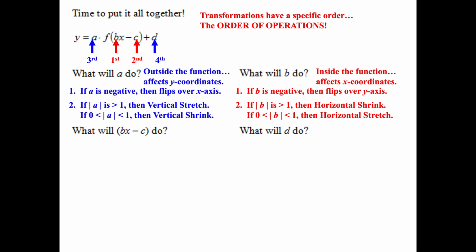So if a is negative, it flips over the x-axis instead of the y-axis. If the absolute value of a is greater than 1, it's a vertical stretch, completely opposite to horizontal shrink. If the absolute value of a is between 0 and 1, it's a vertical shrink, completely opposite of horizontal stretch.